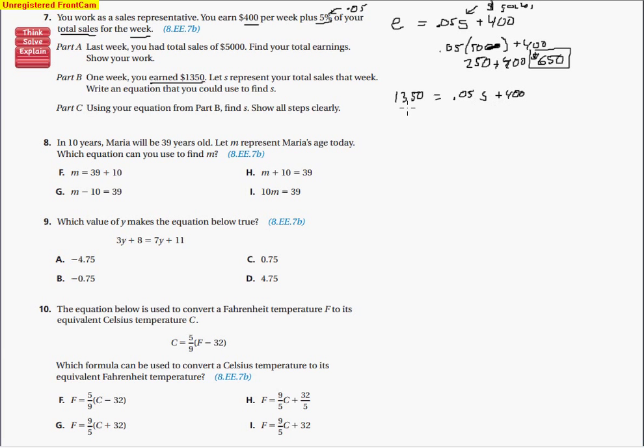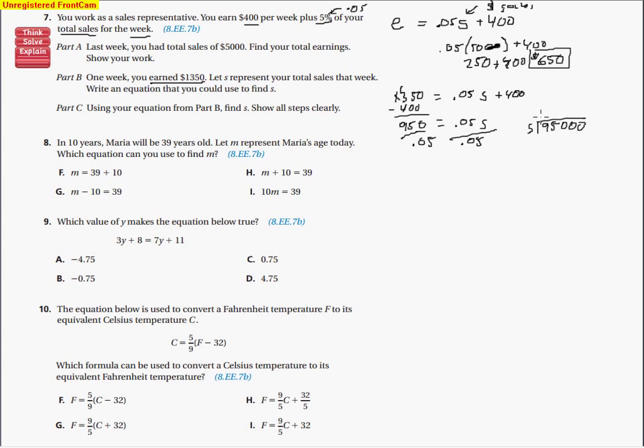So I'm going to subtract that 400 from both sides, and that leaves me with, borrow a bit, and that changes to a 9. So $950 equals 0.05 S, divide by 0.05. And so we're going to end up having to move that decimal point over 2 spaces. And so let me get rid of that decimal point that I had there. And that means move this decimal 2 spaces.